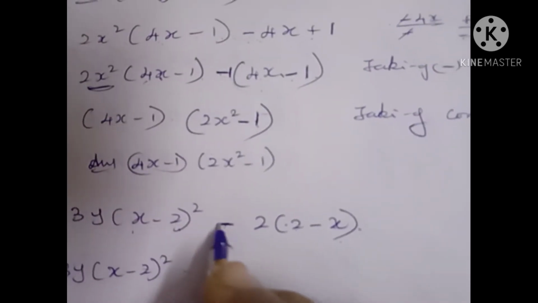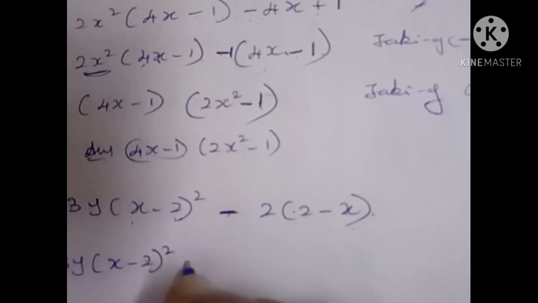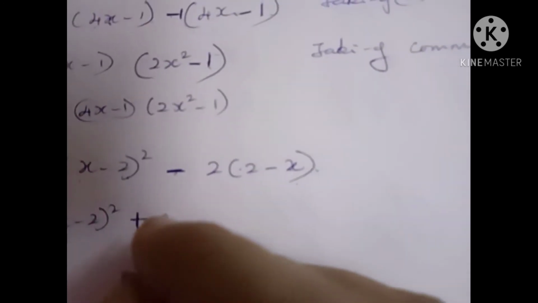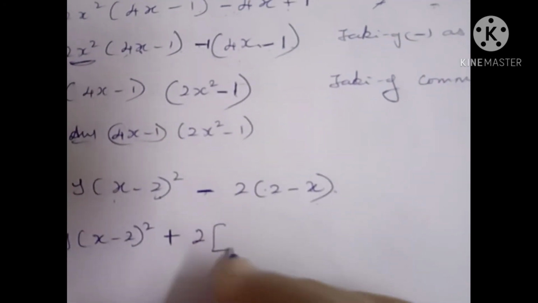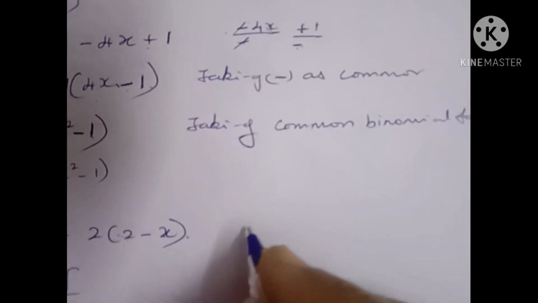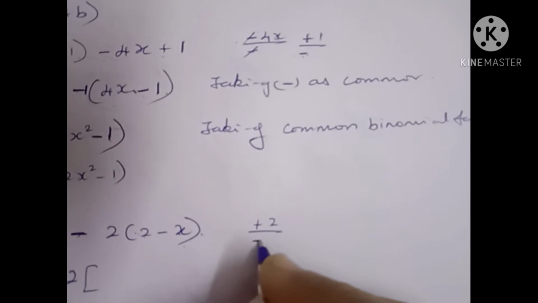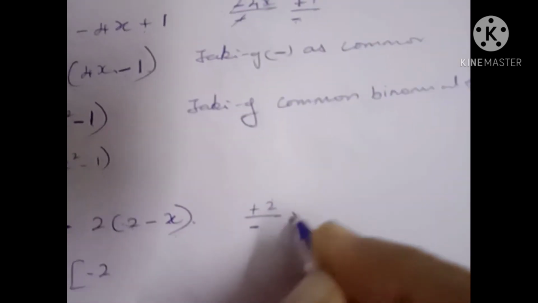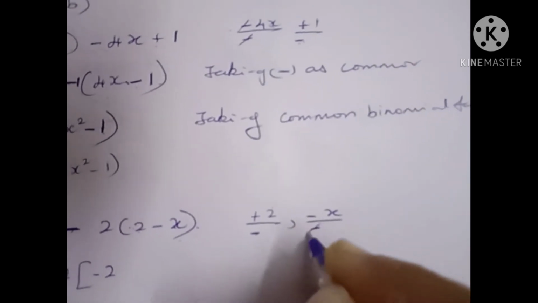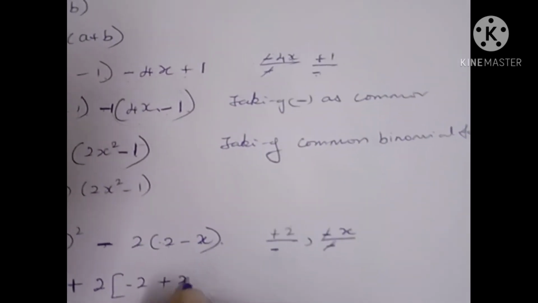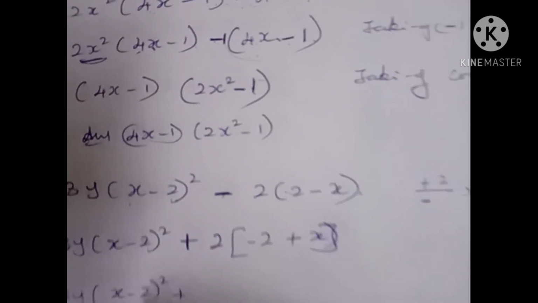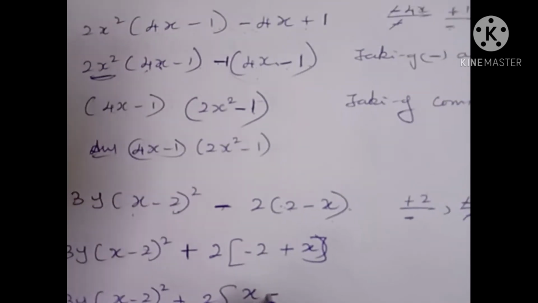Means here already one minus is there, minus into minus is plus. Plus 2, then plus 2 by minus is minus 2 and then minus x by minus is plus x. Then you can change and write it down x minus 2.